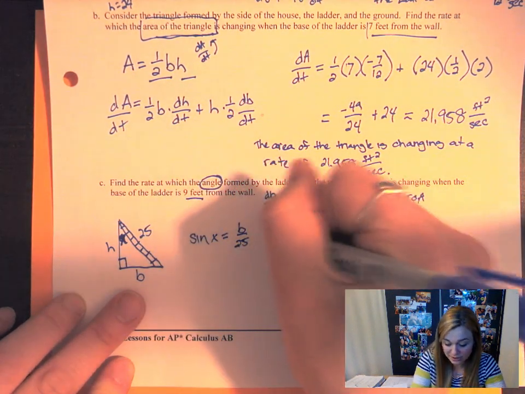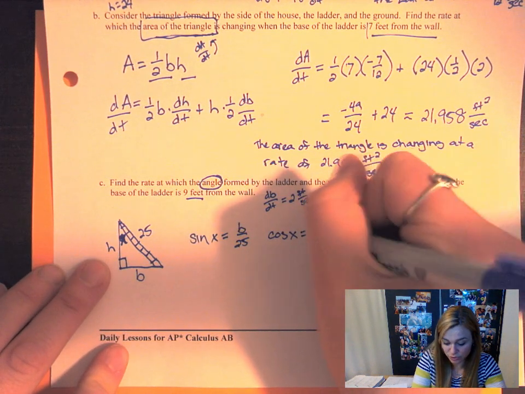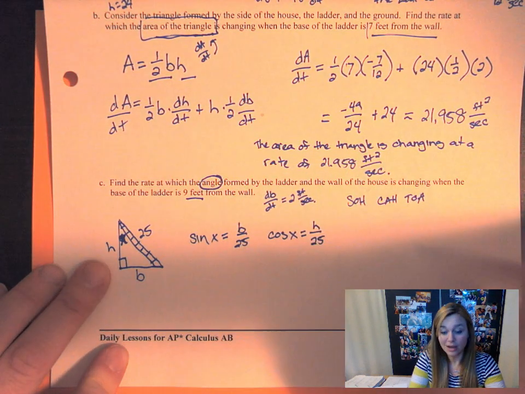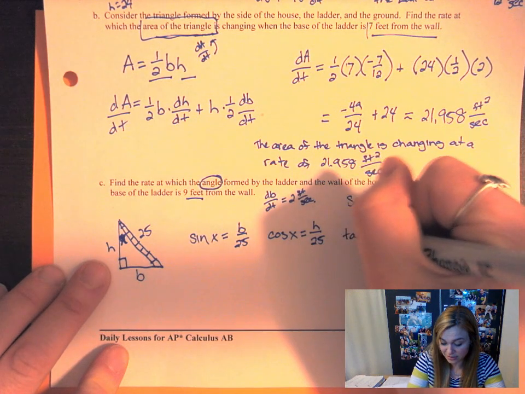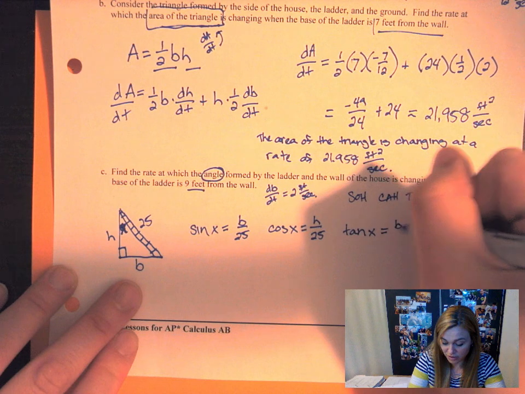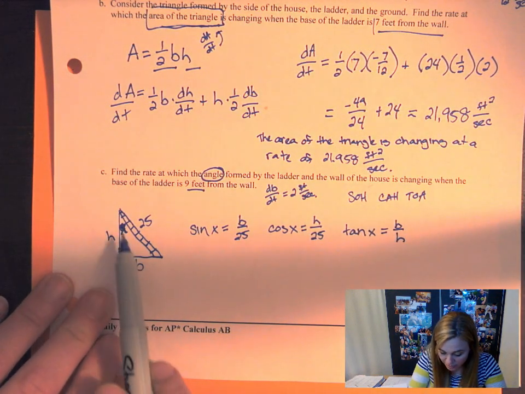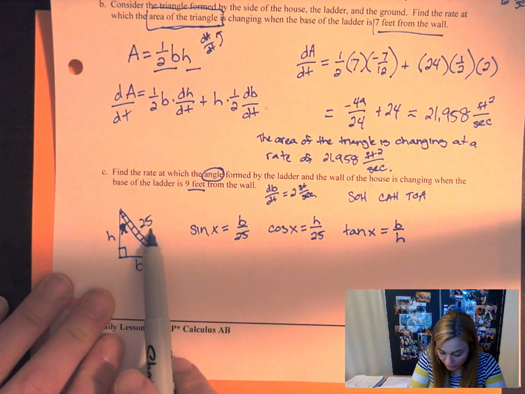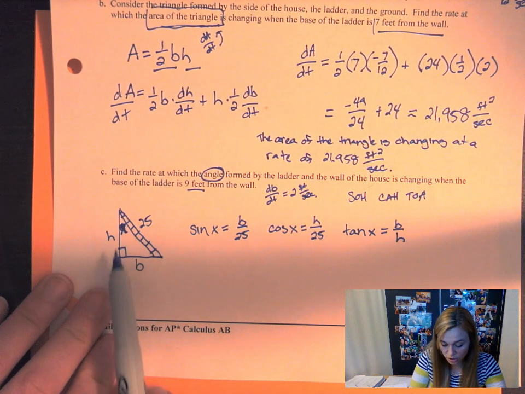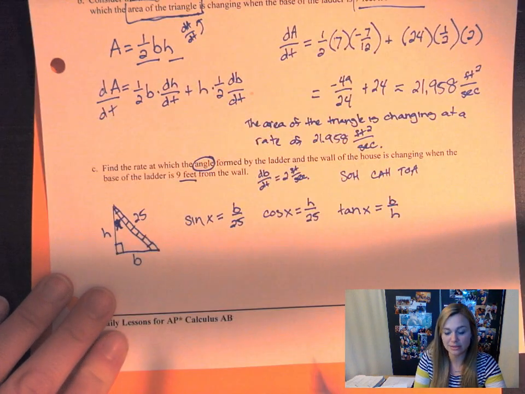I could say cosine of x is equal to adjacent over hypotenuse, so h over 25. Or I could say tangent of x is equal to opposite over adjacent, so b over h. I want to make sure I didn't mess something up. Sine is b over 25. Cosine, adjacent over hypotenuse, we're still good.